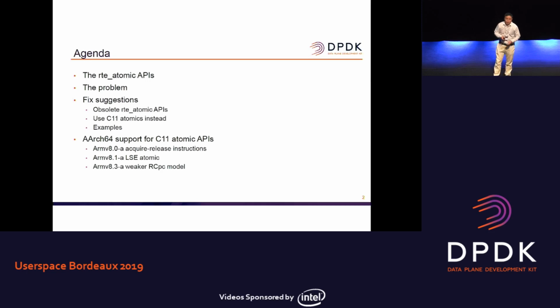Today I will talk about how RTE atomic APIs within DPDK are implemented for different architectures: x86, PowerPC 64, and ARM64. I'll cover what the problems are and how to fix them. And at last, I will talk about how ARM64 is evolving from the microarchitecture instructions to better support C11 atomic APIs.